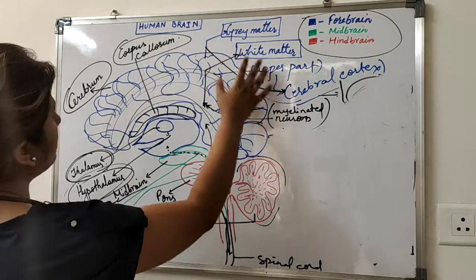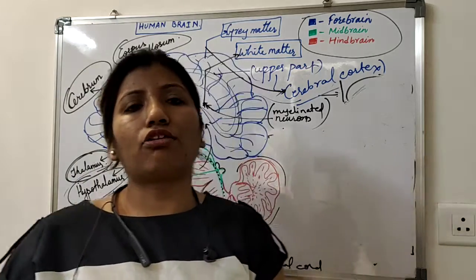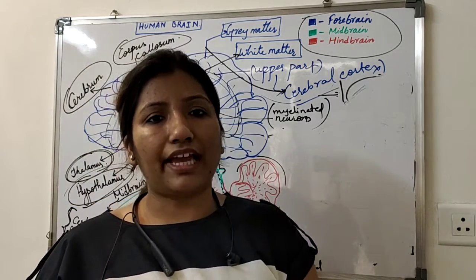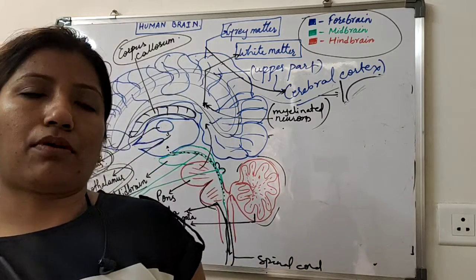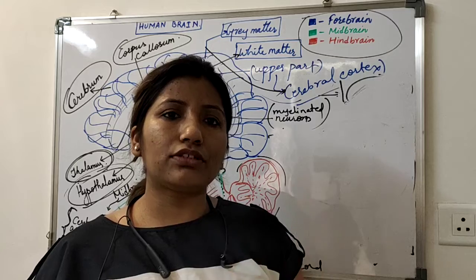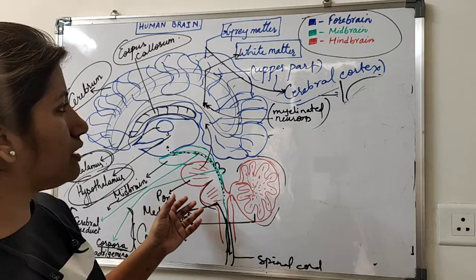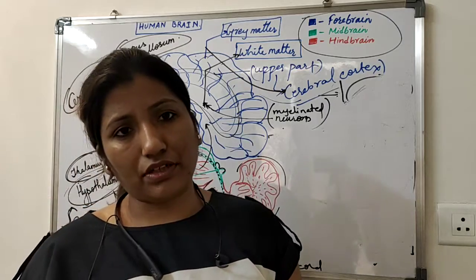All these parts of the human brain help in controlling and commanding all the body's activity which takes place in our body. When you study the human brain, first you should be clear with the structure and then come to the function.